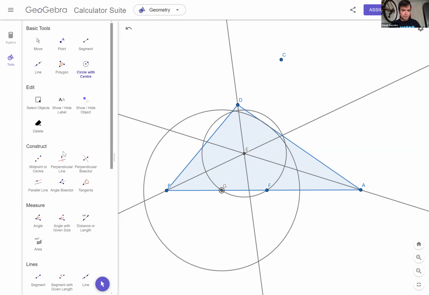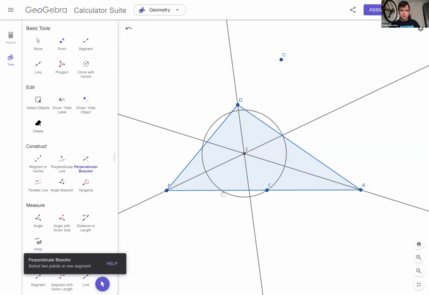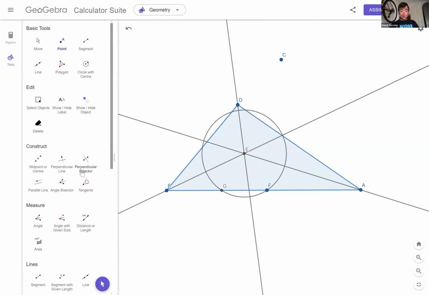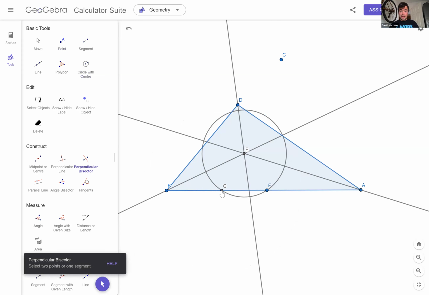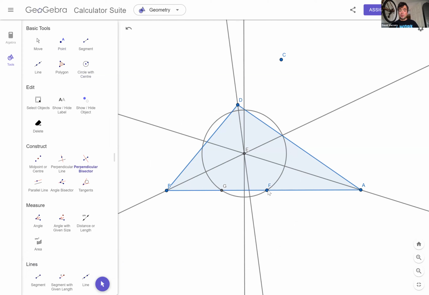By a little bit of geometry, because F and G are equidistant from E, E lies on the perpendicular bisector of G and F. So if I draw the perpendicular bisector of G and F, that passes through E. So in other words, this point down here, H, is just directly below E on the bottom edge.